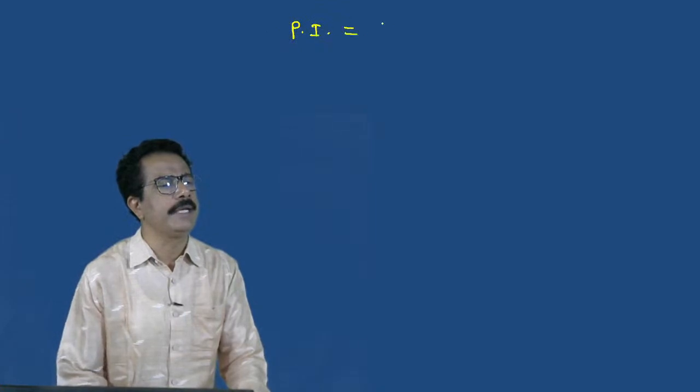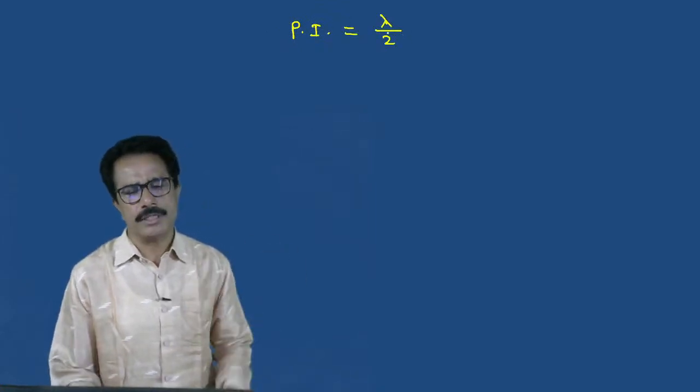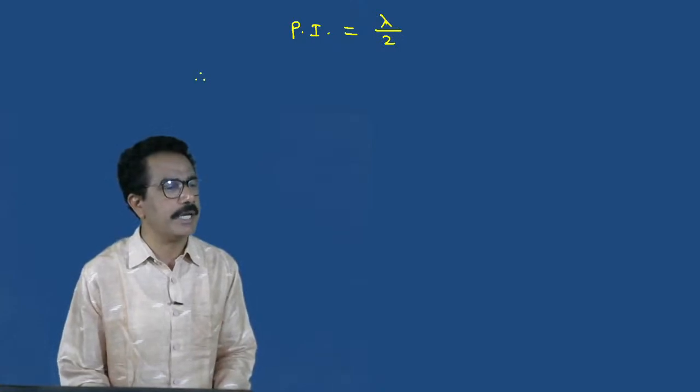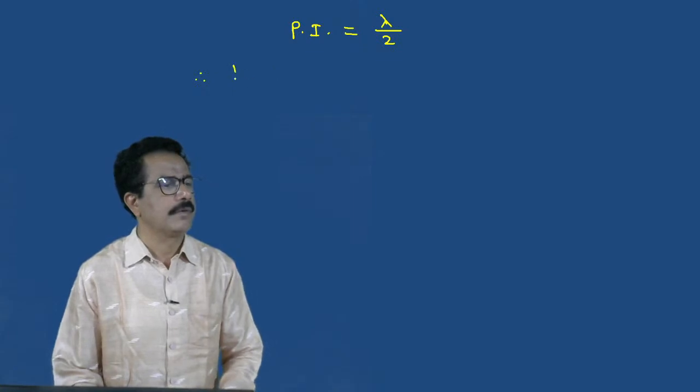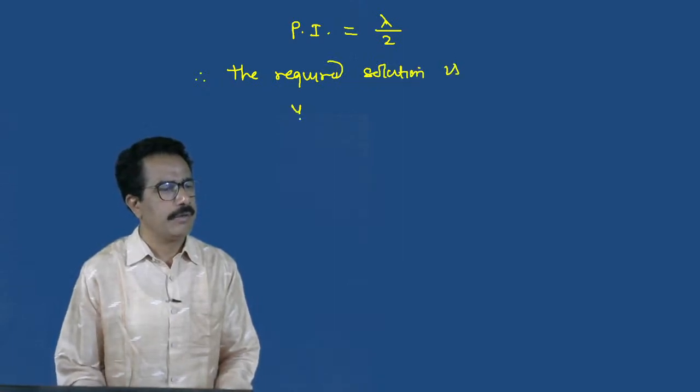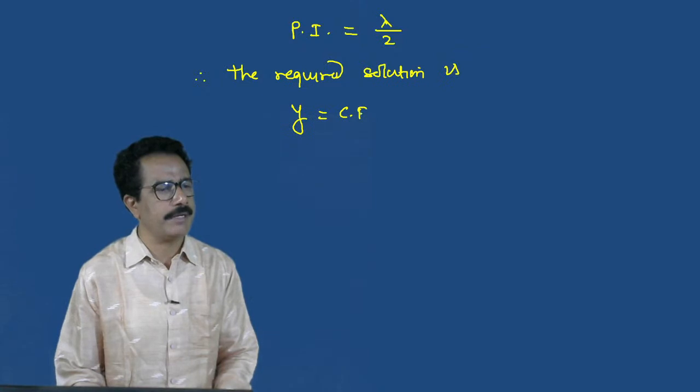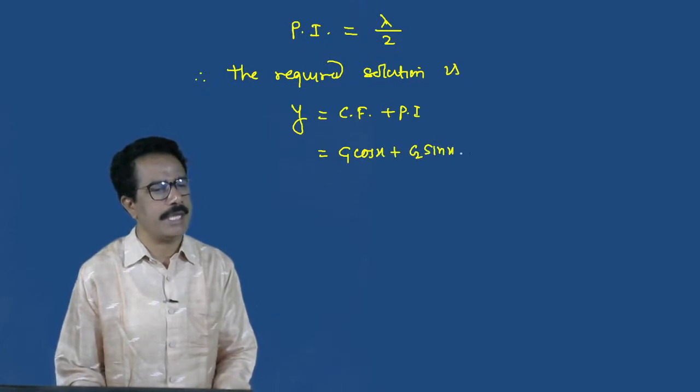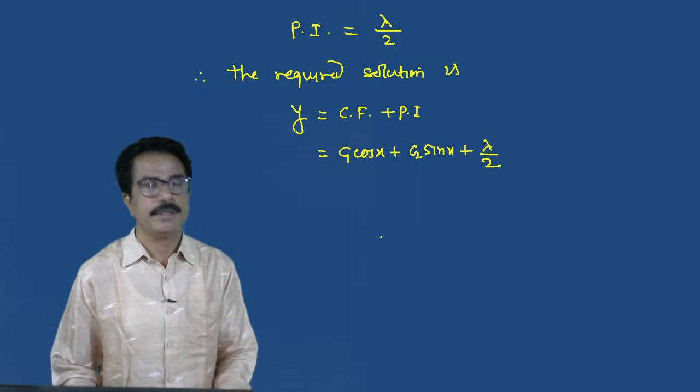So it will be lambda by 2. So the particular integral will be lambda by 2. This has been done earlier. Therefore the required solution is y is equal to complementary function plus particular integral, that means C1 cos x plus C2 sin x plus lambda by 2. Is it okay?